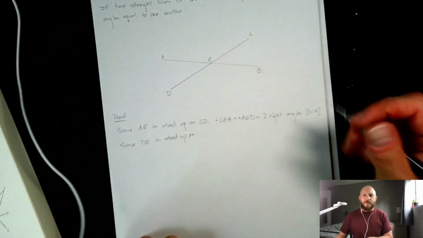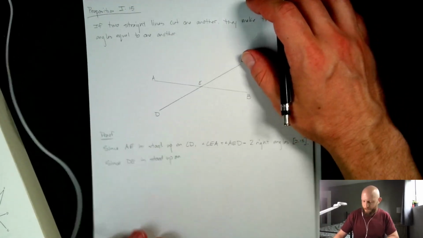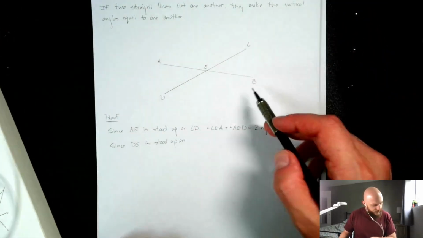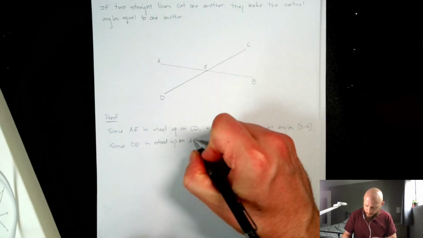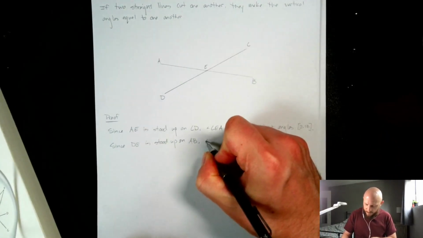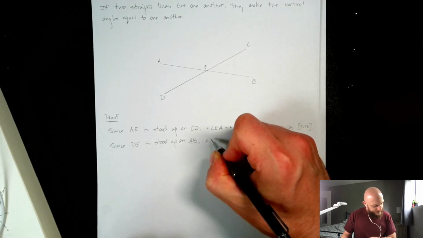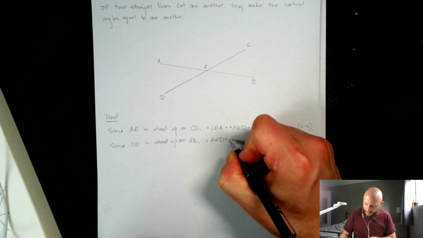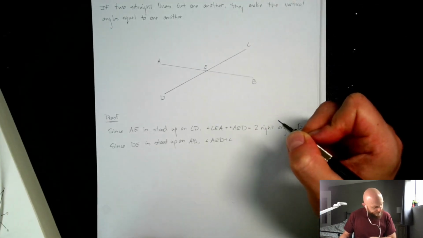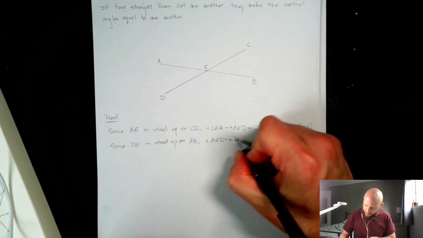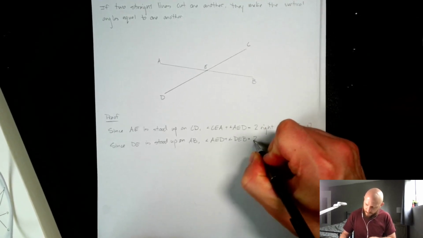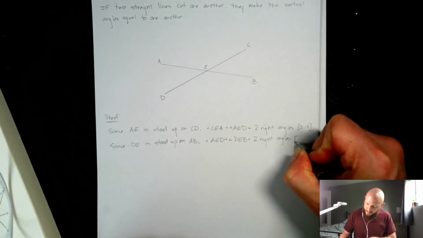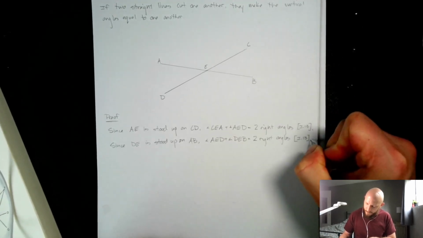I guess you already assumed that. But since DE is stood up on the straight line AB, it follows, by the same proposition, that angle AED plus angle DEB also equals two right angles. And this is the same proposition, 13.